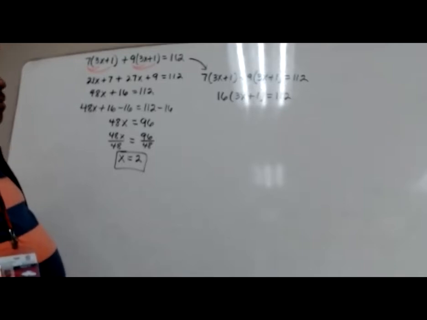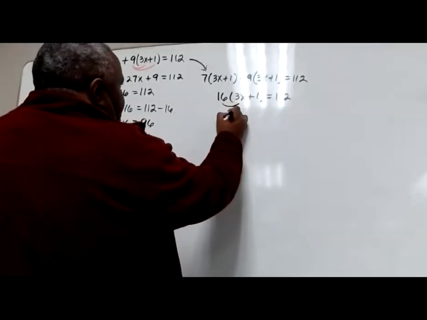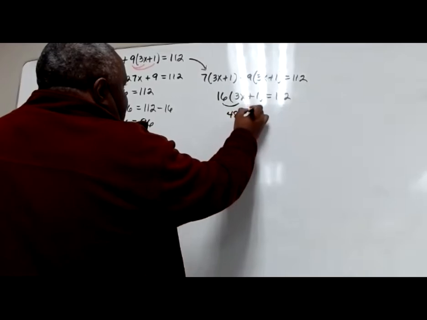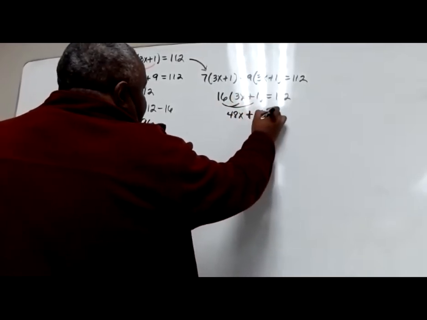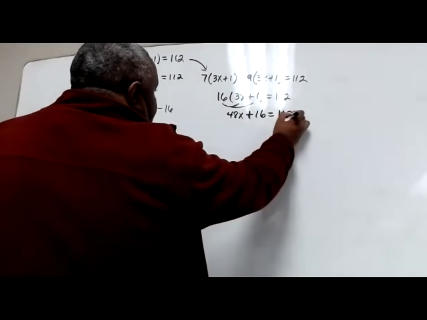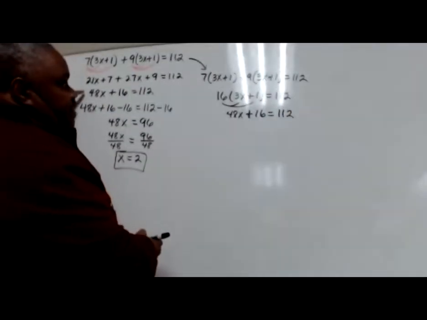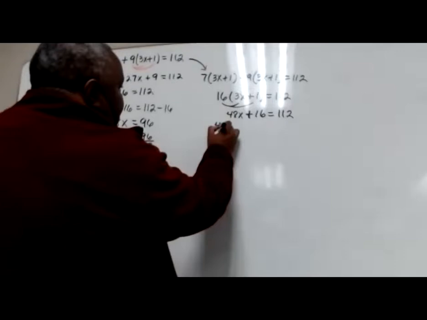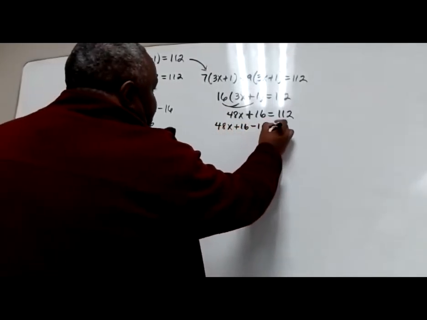So in this case, if I take that 16 times 3x, that'll be 48x plus 16 times 1, 16. That's equal to 112, which is the same thing I have here, because from here I can just go ahead and subtract 16 on both sides.